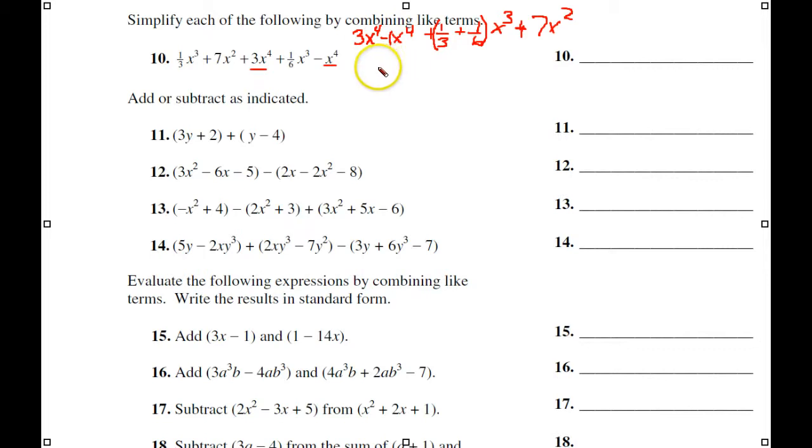So this is going to end up being 2x to the 4th. And then in my next set I have fractions. So I have to multiply this by a 2 and this by a 2. So now I have 2 sixths plus 1 sixth is 3 sixths, which is 1/2.